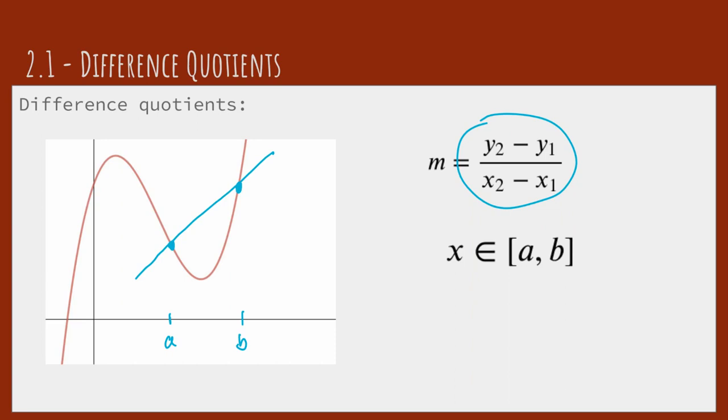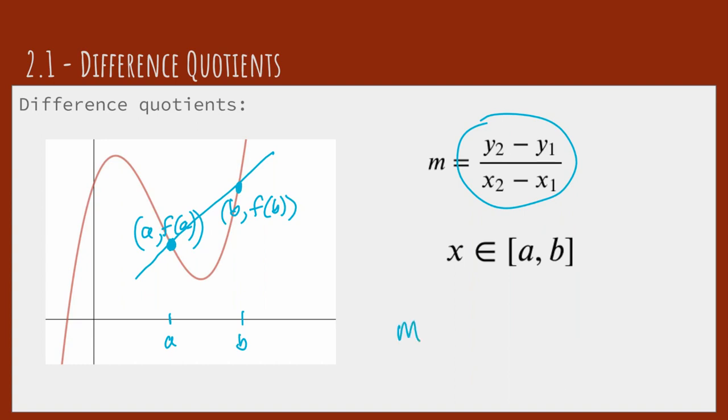And the points, instead of x1, y1, x2, y2, the coordinates of this point are going to be a, f of a, and b, f of b. So all I'm going to do here is take the slope formula and rewrite it as a difference quotient involving those terms.